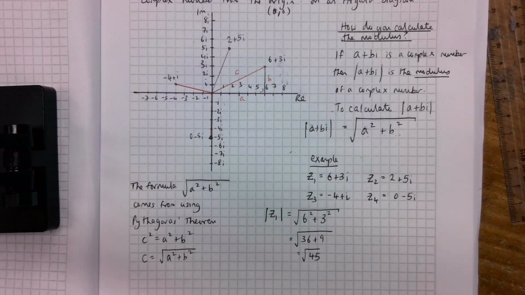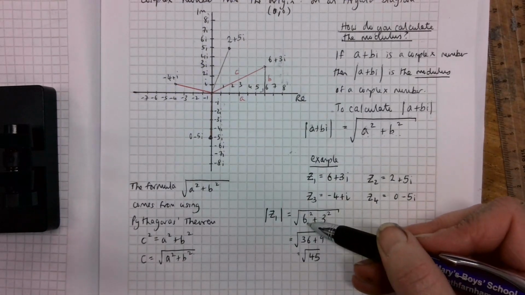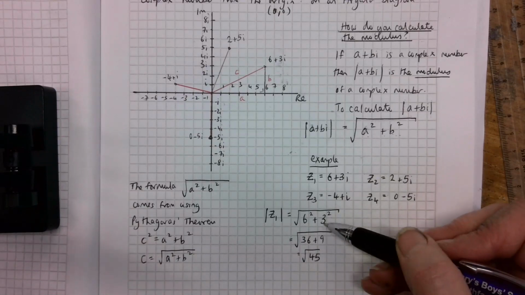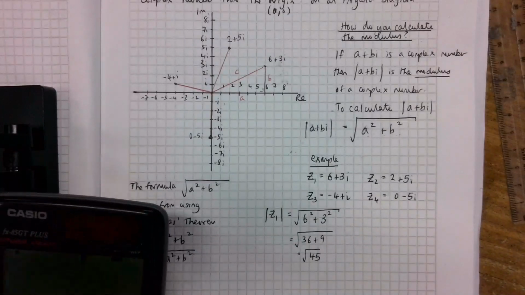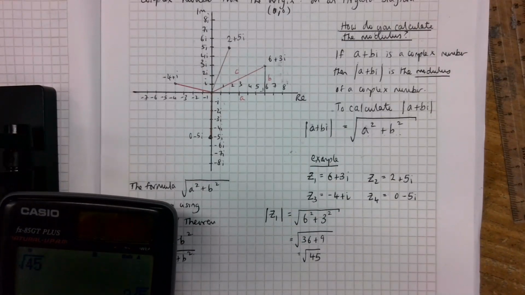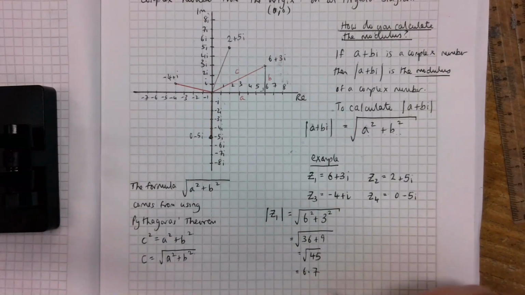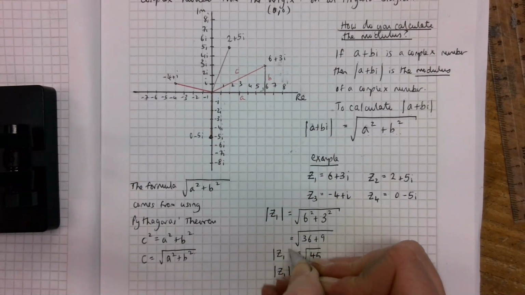All I did was take the real number squared and the coefficient of the i, and square it, add them together, and take the square root. The square root of 45, according to my calculator, is 6.7. So the modulus of z1 is 6.7, or root 45.